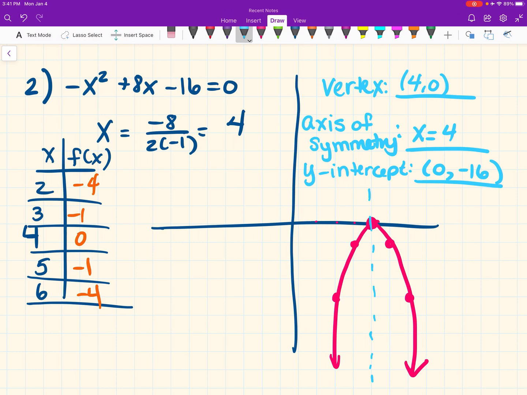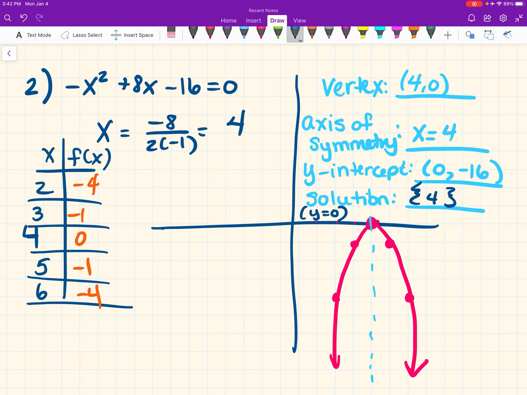Okay? Now this one has one solution. Again, remember the solution, the zero, the root, is where y equals 0. So in this case, we're looking where y is equal to 0, and it happens to be the vertex. So the solution, again, we use our squiggle lines, is just 4. It's not an ordered pair.